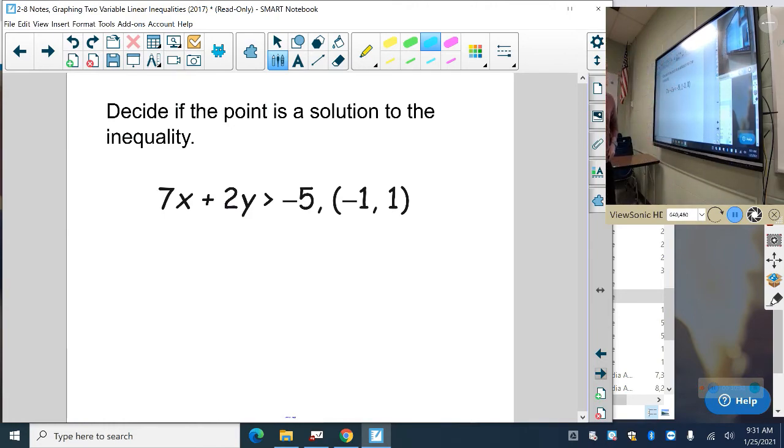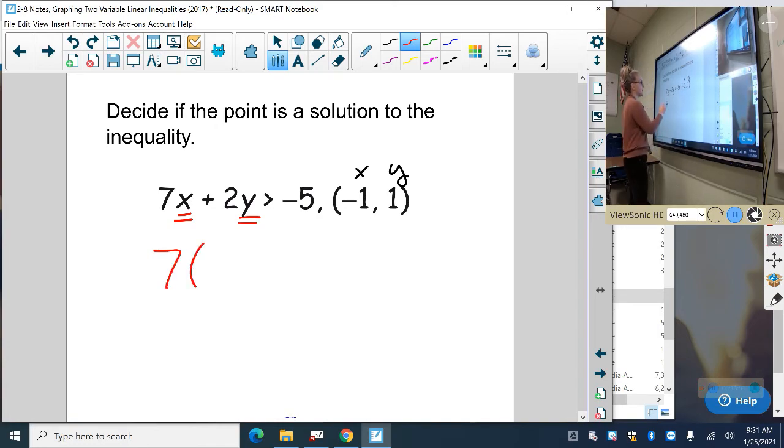Now, decide if the point is a solution to the inequality. I'm only going to do one example for this one, so make sure you pay attention. Is this a solution? Well, how do I know? If you remember, in my point, this is x and this is y, I'm going to plug those in for this x and this y and see if it works or not.